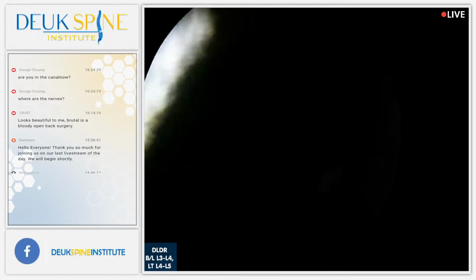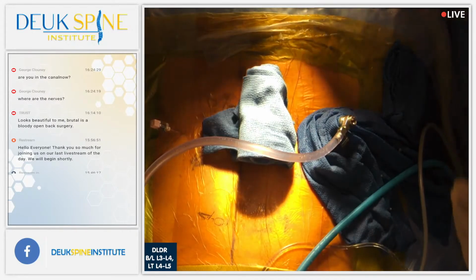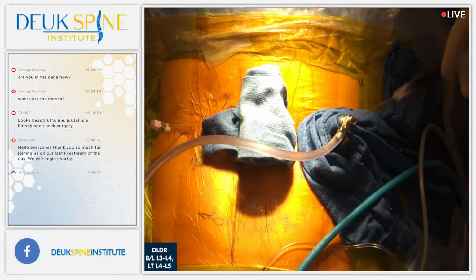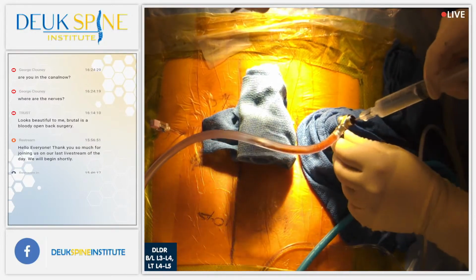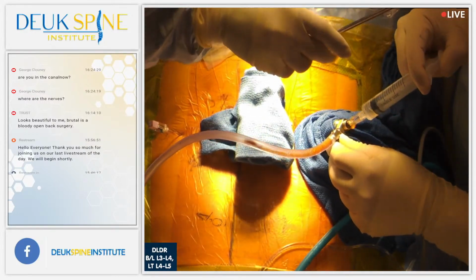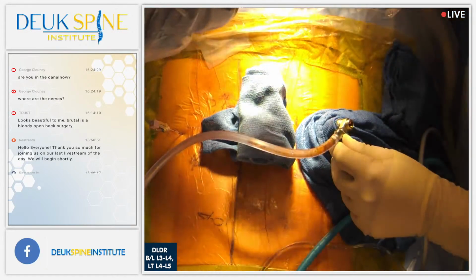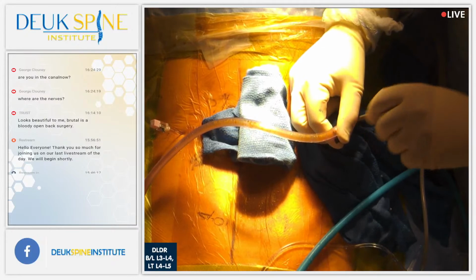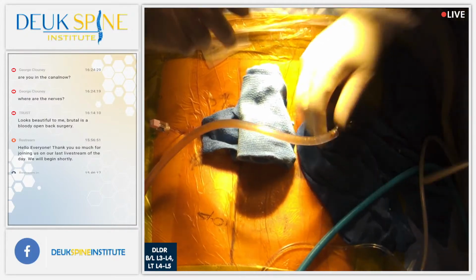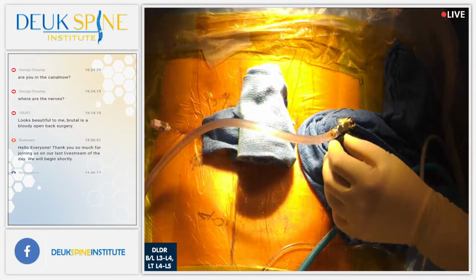So it's protected by the tube in this type of surgery. And we're taking the herniation out from underneath it. One more to go, Berndes.